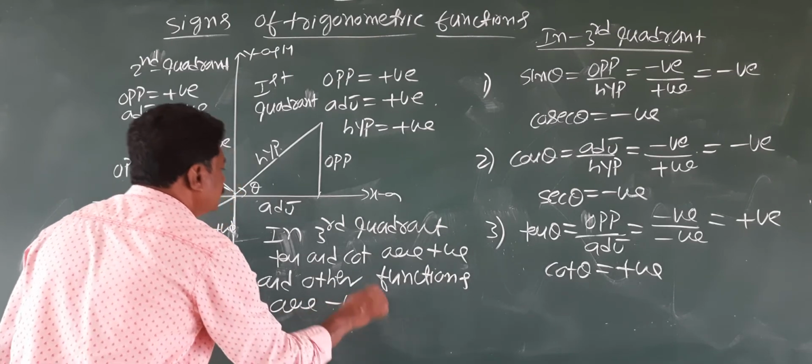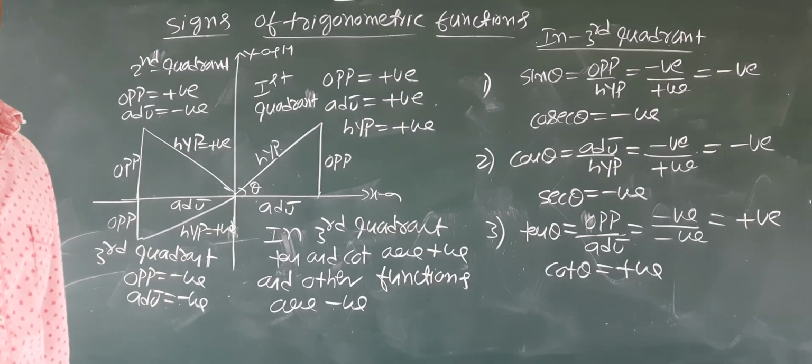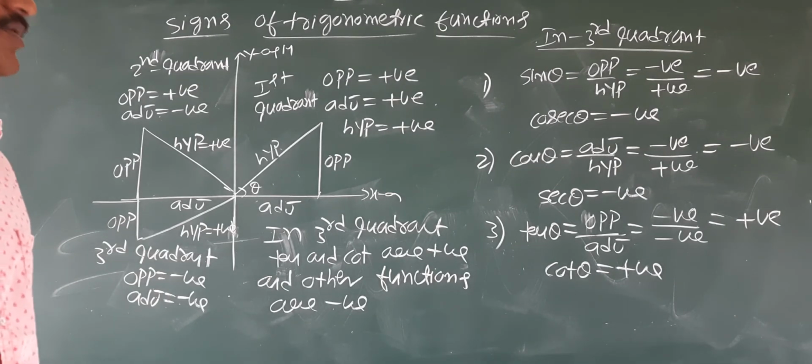So in the third quadrant, tan and cot are positive, other trigonometric functions become negative.